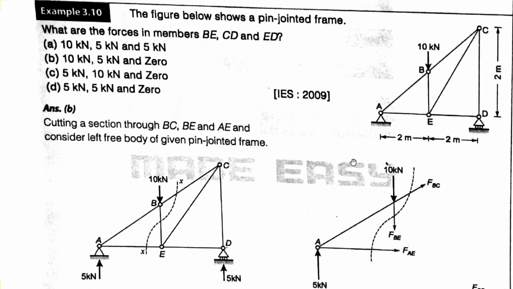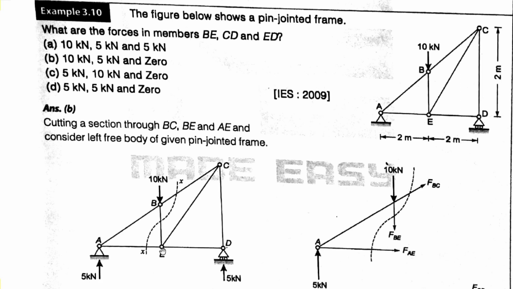Now we need to cut this whole truss in such a way that the member forces which are required are also considered. So I am cutting here, this is my section XX.